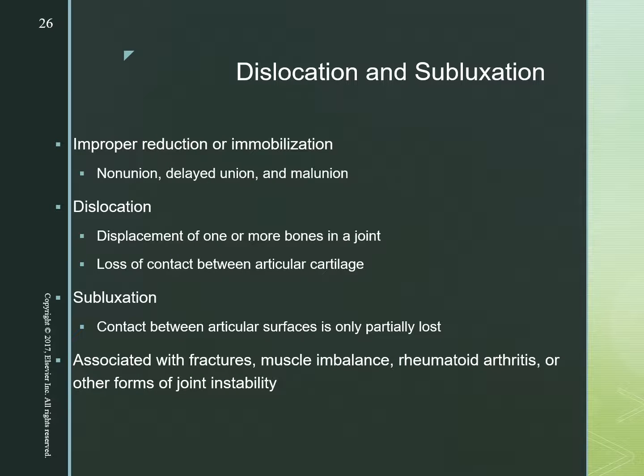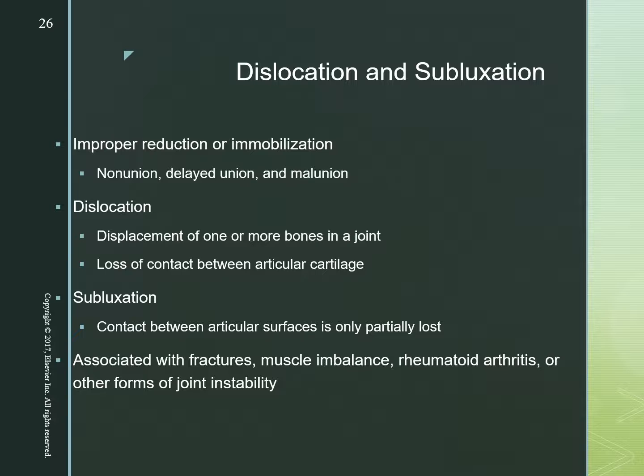Dislocation, subluxation. Improper reduction or immobilization, so nonunion, delayed union, or malunion of a fixed bone or joint can cause this. A dislocation is the displacement of one or more bones in a joint, with loss of contact between the articular cartilage.